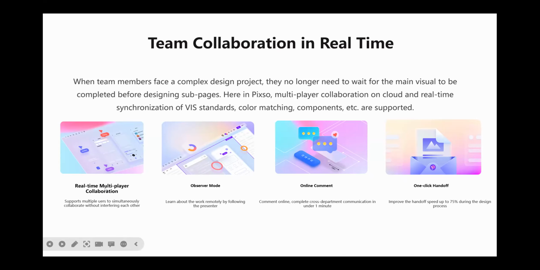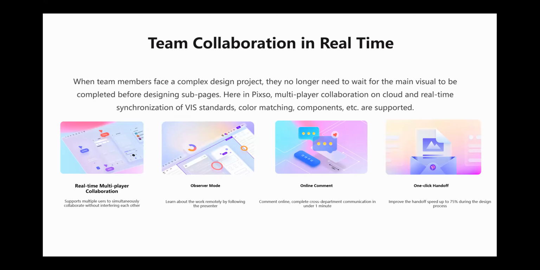For example, we have this multiplayer feature. We can see different people's cursors moving at the same time in the same file, so we can collaborate and do one project as fast as we can. The second one is observer mode.